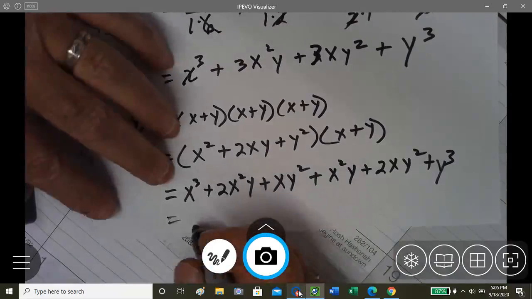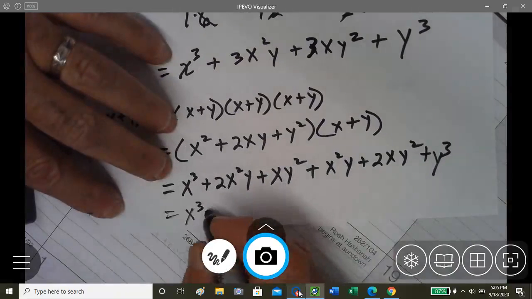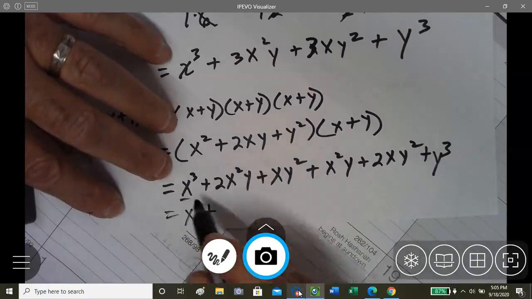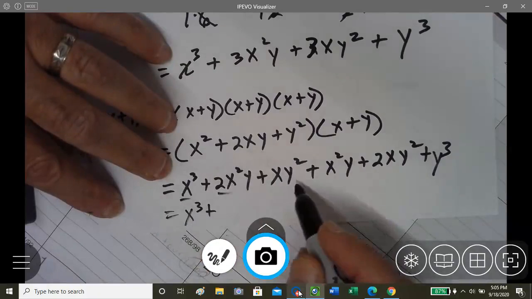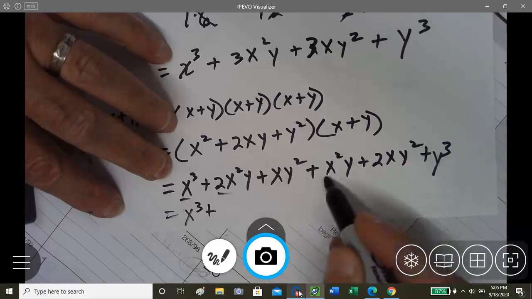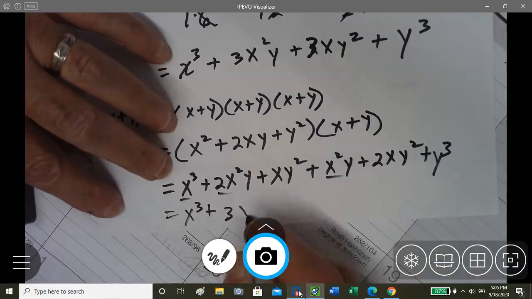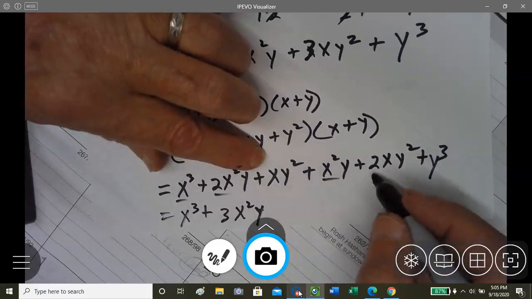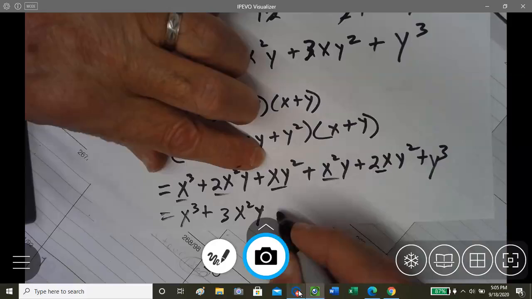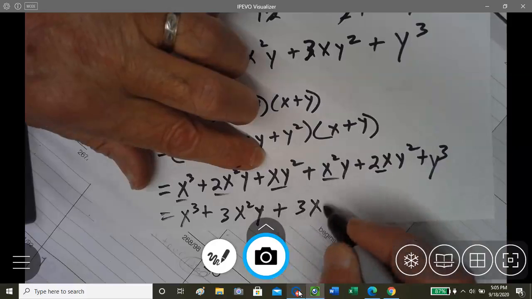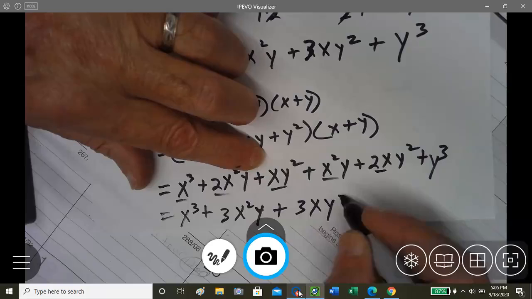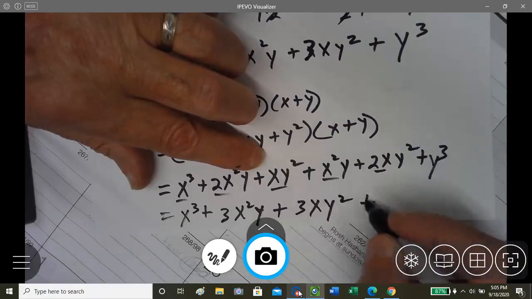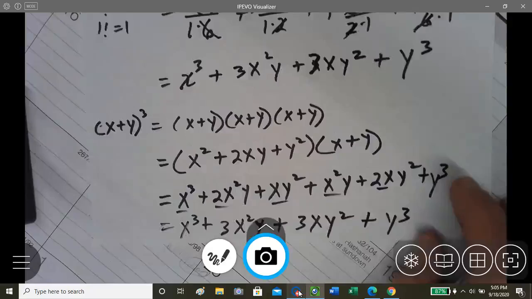So we end up with x cubed plus, okay, we've got 2x squared y and a 1x squared y, so that's 3x squared y. Well, here we've got xy squared and 2xy squared, so that's 3xy squared, and then plus y cubed.